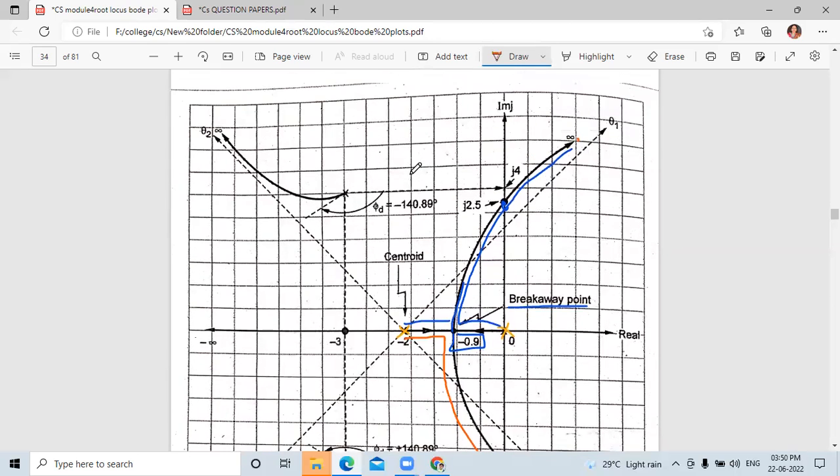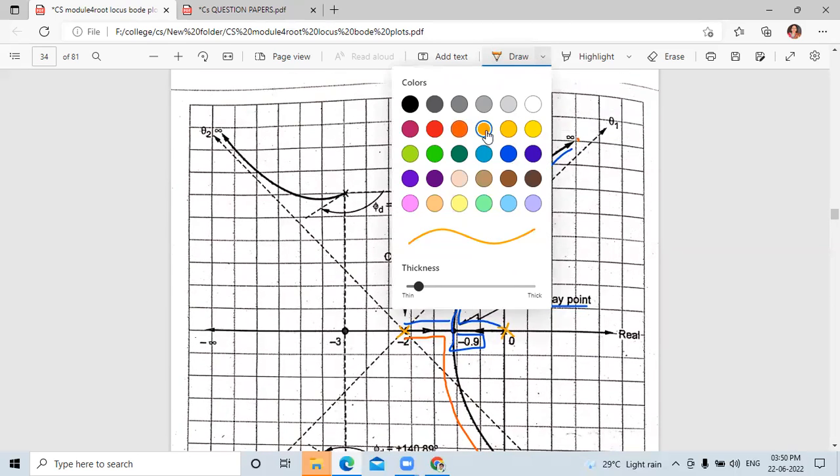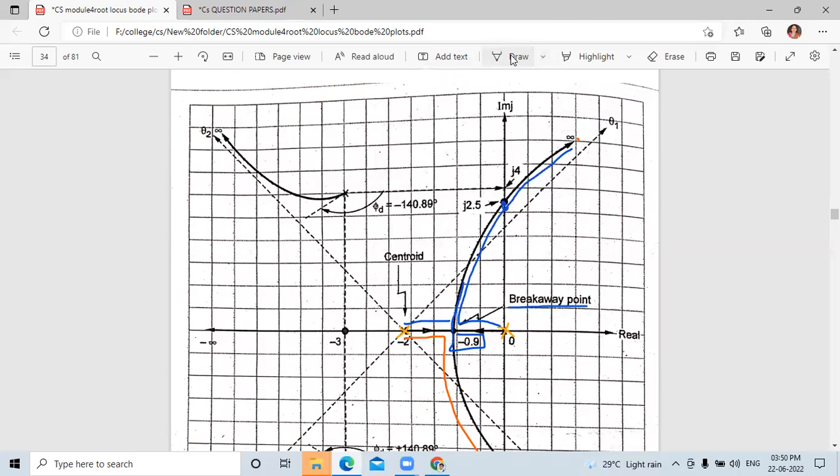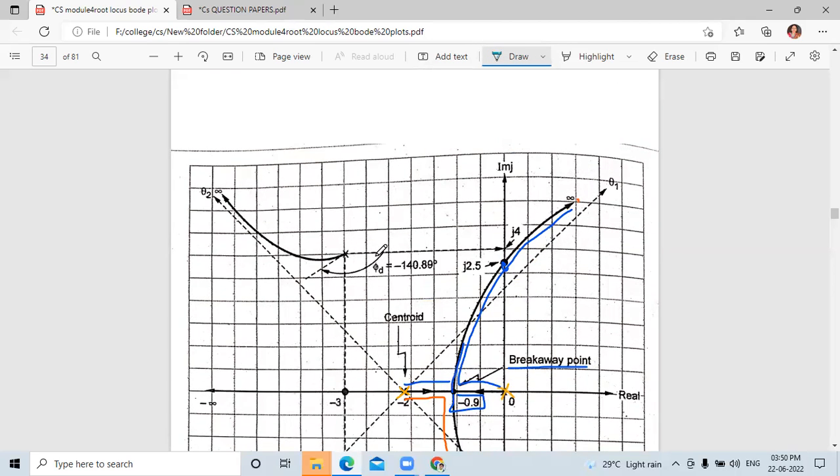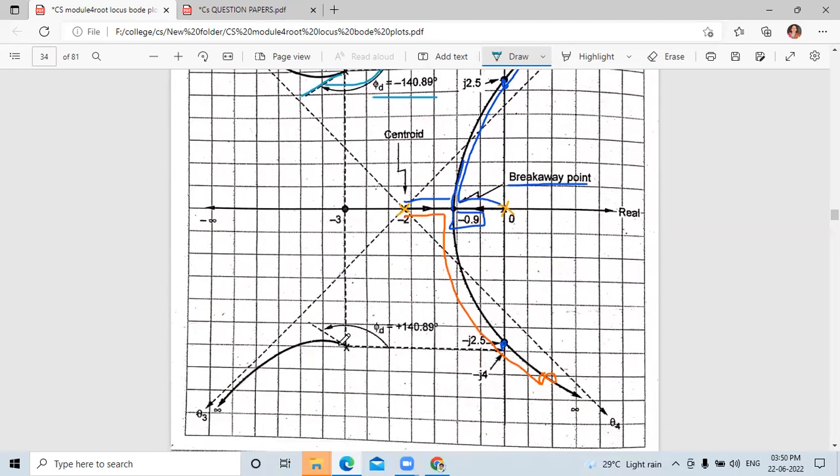Next, we have the complex poles. For the complex pole, the angle we got, φd, equals minus 140.89, which you mark down. This is the angle we have written here. Similarly plus 140.89.